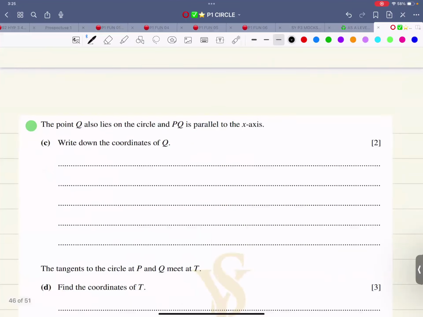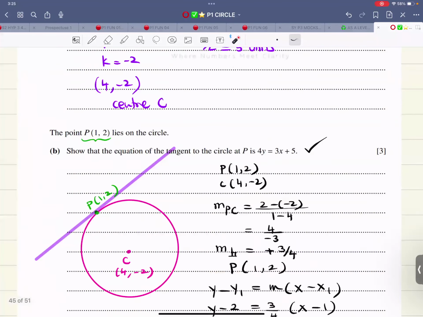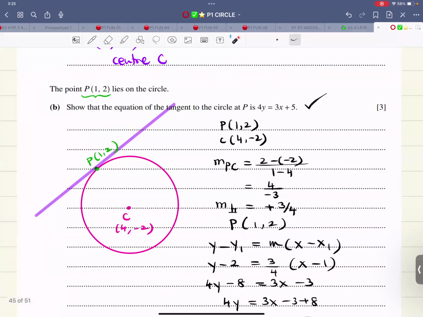Now here comes the tricky part. It says the point Q also lies on the circle and PQ is parallel to the x-axis. That means Q is on the same level. It's horizontal. Let me draw PQ, and let me just make this a little bit more realistic. So over here, let me draw this as the green line like this.